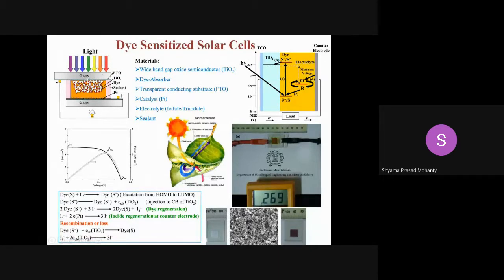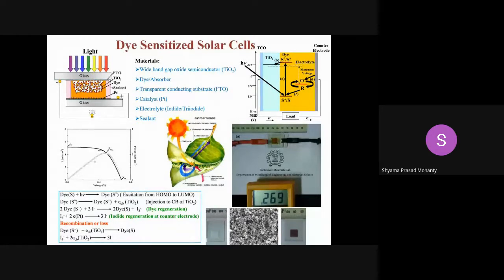In the photoanode, you have one layer of transparent conducting oxide. Fluorine-doped tin oxide is typically used, or you can have ITO, indium-doped tin oxide, because glass, which is the substrate that has to allow sunlight to pass through, is non-conducting. So we want to make the surface conducting, but it should be transparent. So this TCO-coated glass is used.